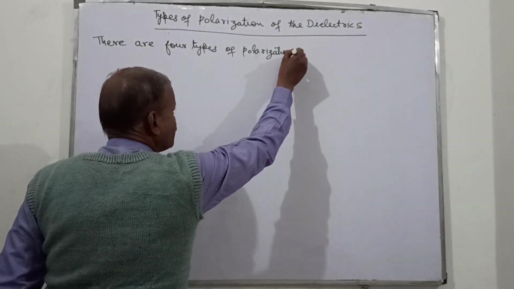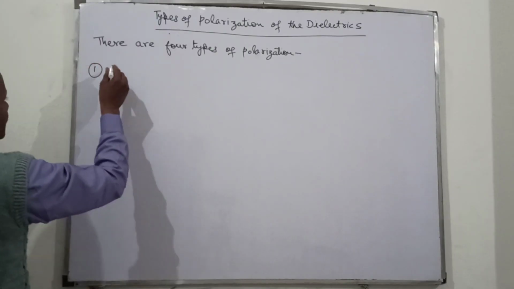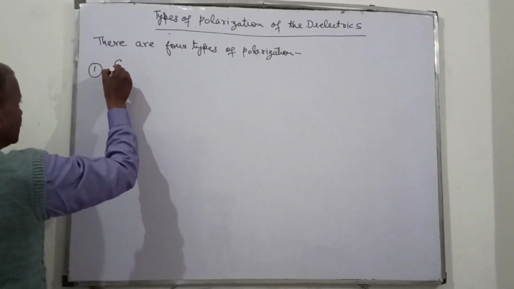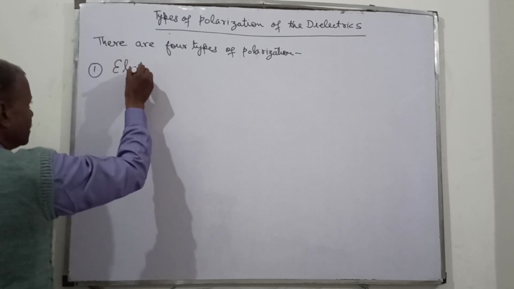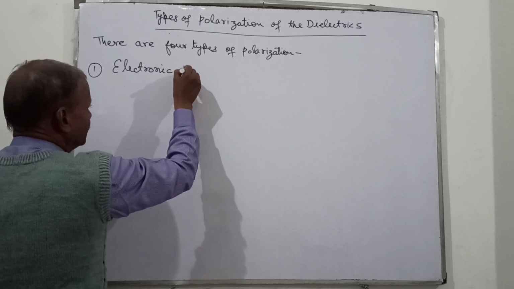Four types of polarization. Number 1, electronic polarization.